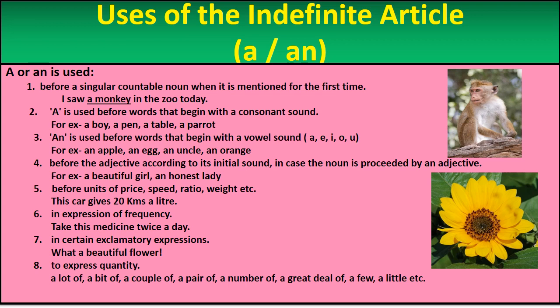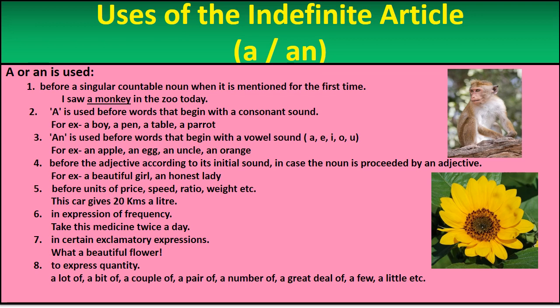And that is why we don't use an there. This thing I'm going to explain you in detail in my next slide. For example, an apple, an egg, an uncle. Now, uncle, although the first letter is U, but the sound is not U. An orange.